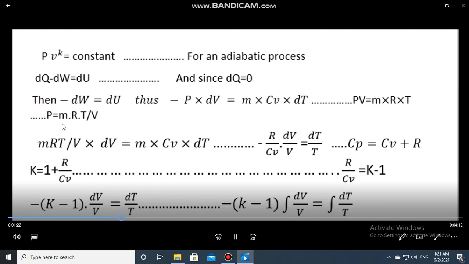Thus, by cross multiplication, P would be equal to mRT over V, and substituting in, we get that minus mRT over V into dV equals m Cv times dT.